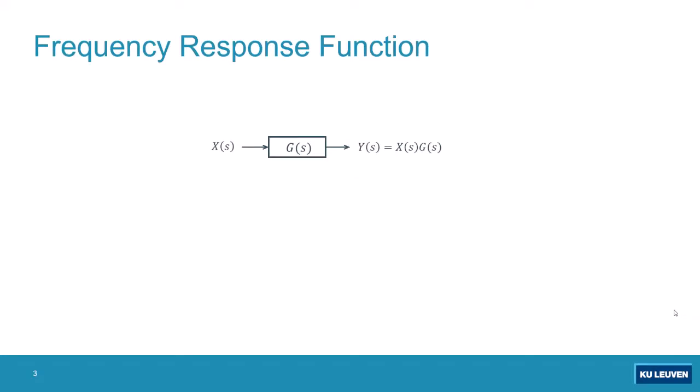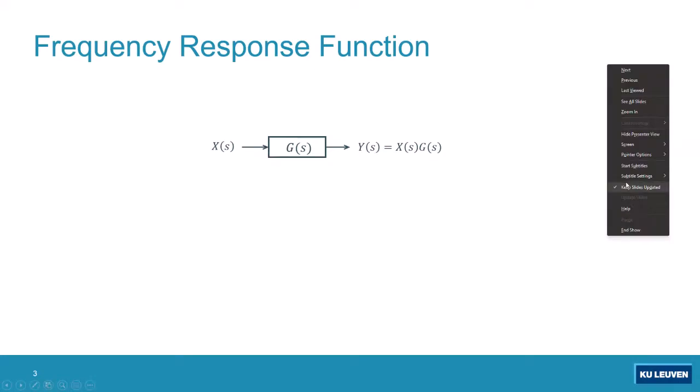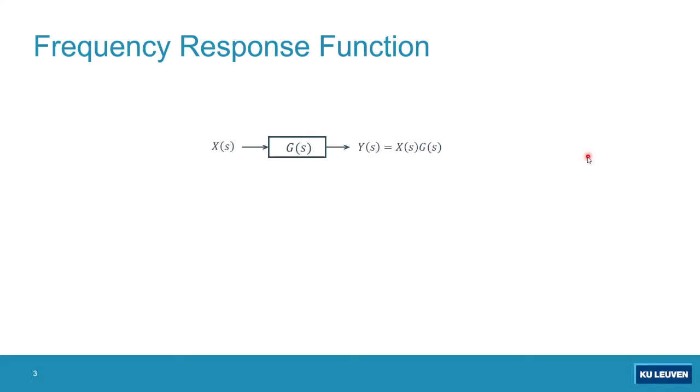Let me pop up this slide again. I think I have already shared this drawing a long time ago when we discussed dynamic systems. In general, any dynamic system has a property tagged to it, which is referred to as a transfer function.